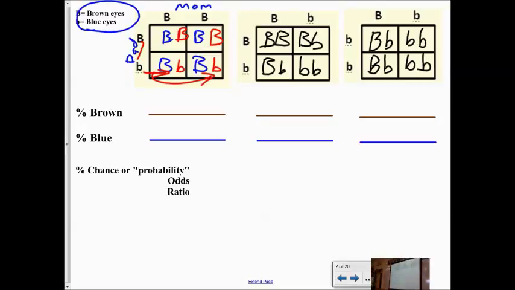Now, once you do the Punnett Square, the answer's sitting there in front of you. All you have to do is interpret it. And oftentimes they'll ask you questions like, what are the chances of something happening? What are the odds? What is the ratio? And these are simple math things you should already know. But unfortunately, we get these words confused.